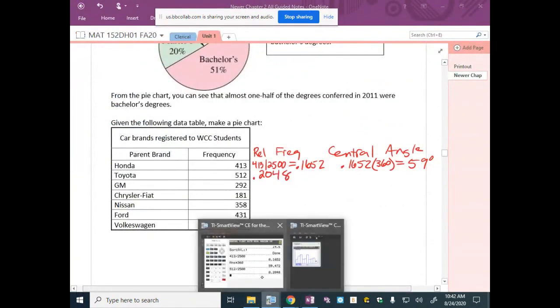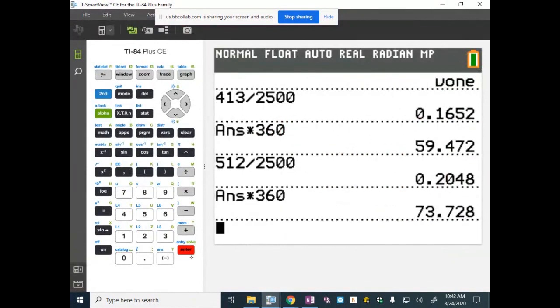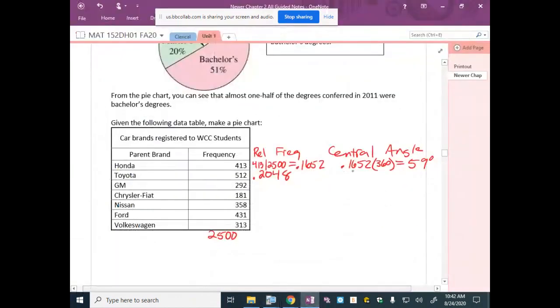So for the central angle, we'll multiply that by 360, and that'll be 74 degrees. So the Toyotas are going to have a larger piece of the pie.